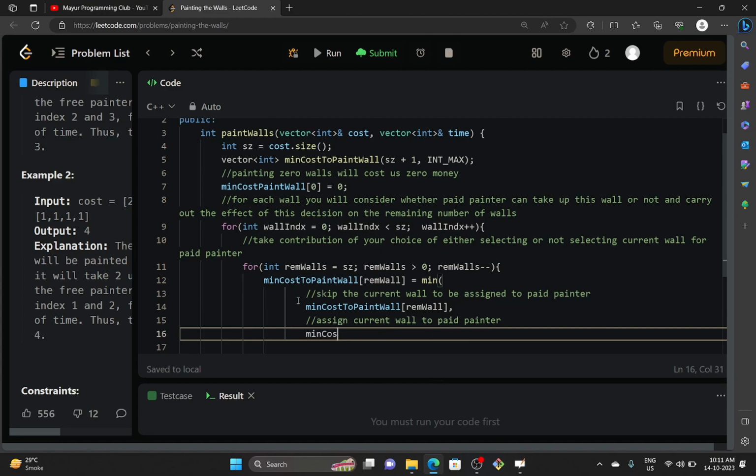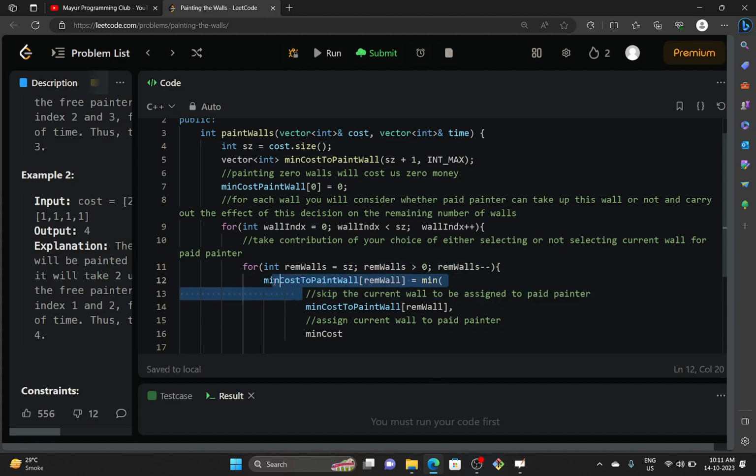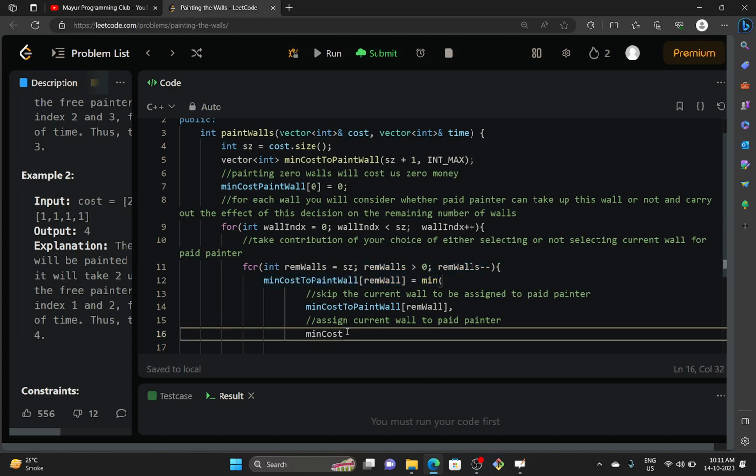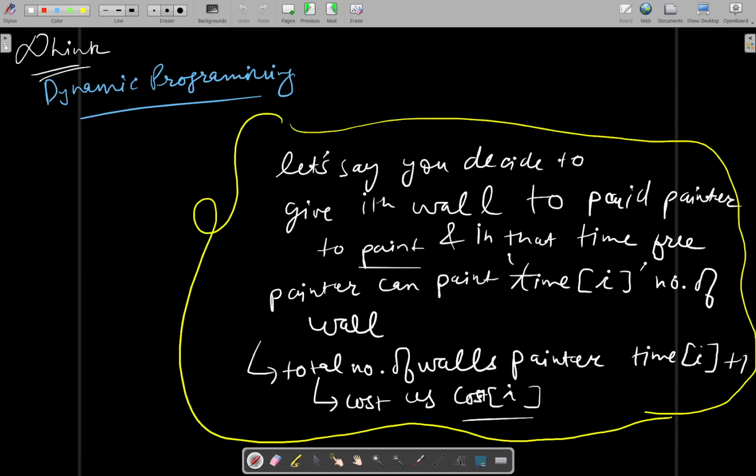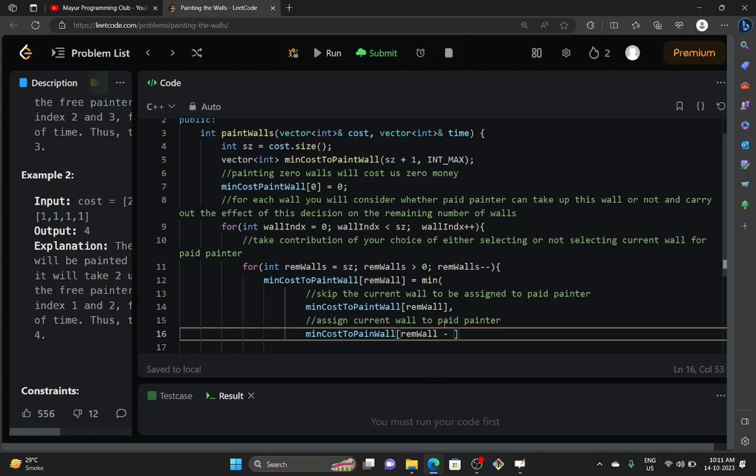In that case, minimum cost to paint remaining walls will be updated to minimum cost to paint walls that are now remaining, which will be remaining walls minus this value. Which value am I talking about? This value: the time it will take to paint the wall with wall index.